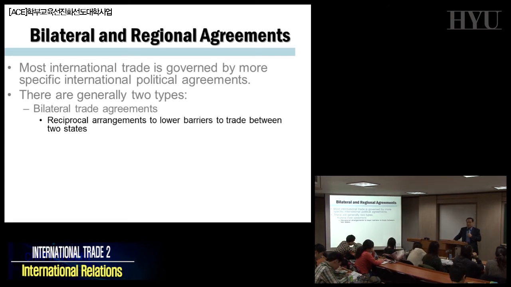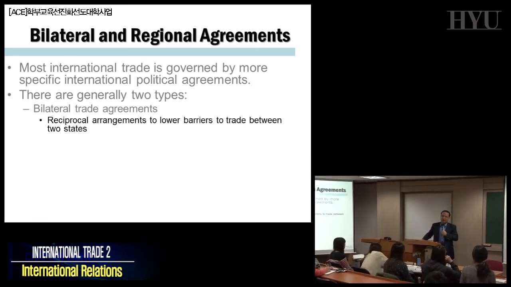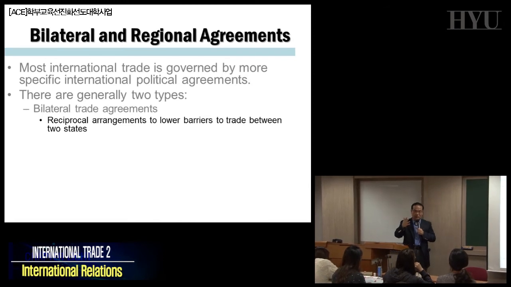Since when exactly, we don't know, but roughly by the middle of the 2000s, we begin to see the signing of bilateral free trade agreements and many more regional FTAs. A bilateral FTA is clearly a free trade agreement between two countries.